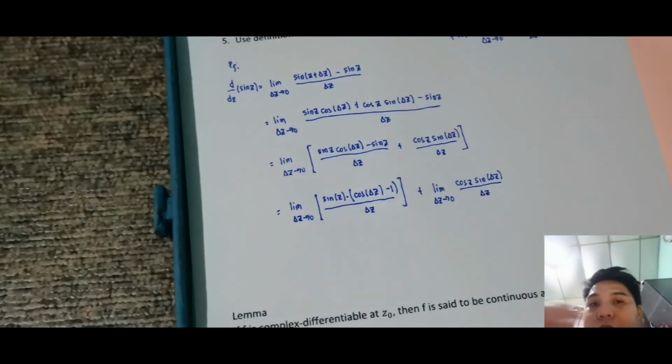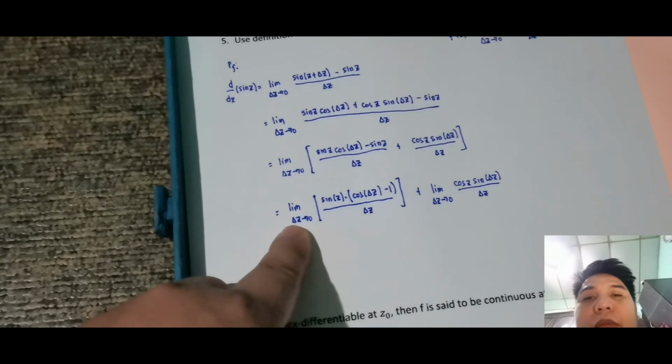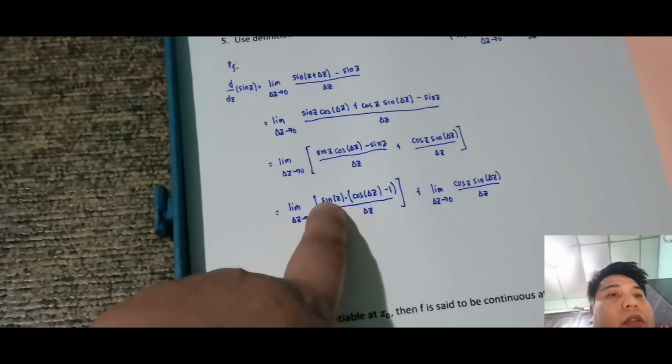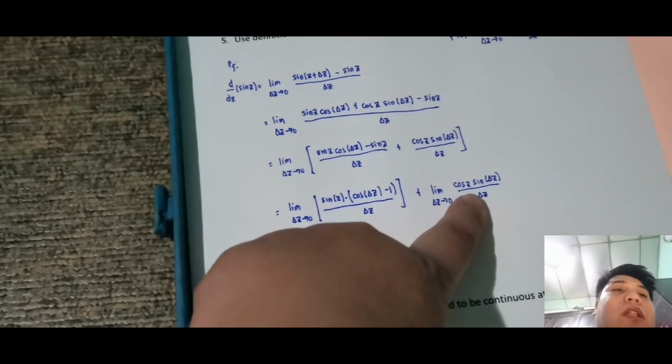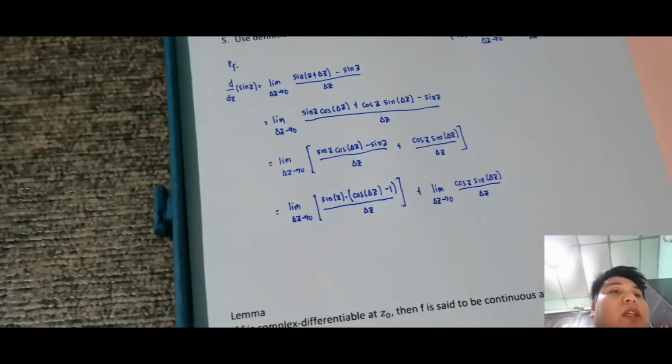Okay, ngayon pansinin natin nasa loob ng limit. Yung limit, ang maapektuhan lang si delta z. So meaning ito delta z apektado, pero si sine z hindi. Dito rin si delta z lang yung apektado. So meaning si sine z at si cosine z parang constant yung dating nila sa loob ng limit na yan. So pwede natin siya i-factor out palabas.